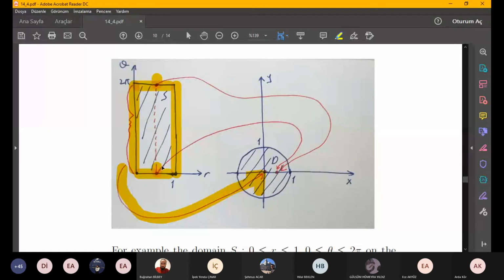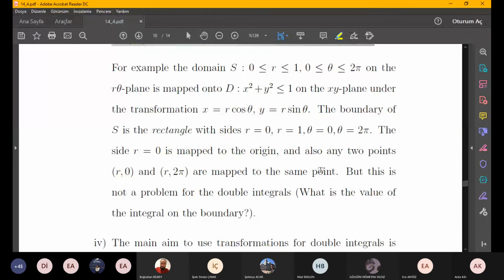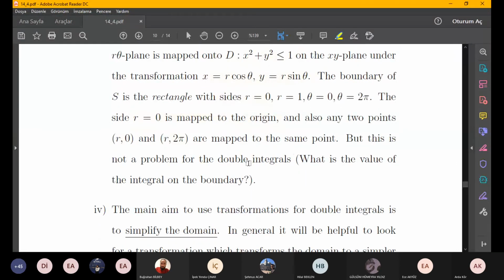They map into the same point on the xy plane. So we can map to the same point on the xy plane, but it will not cause any problem in the calculation of the double integration. Actually, we talked about that in the previous course. Can anyone tell me what the value of the integral on the boundary is?